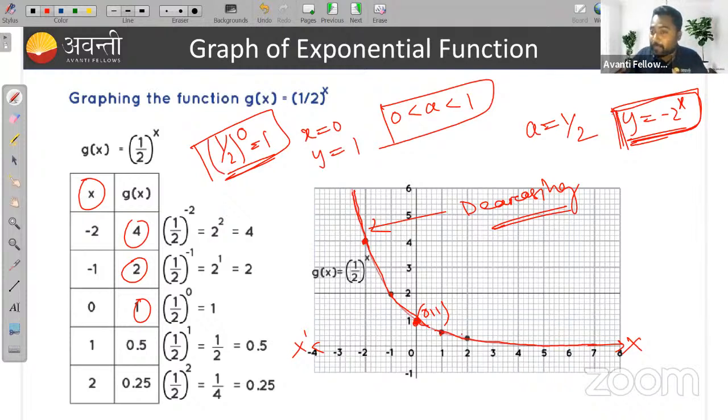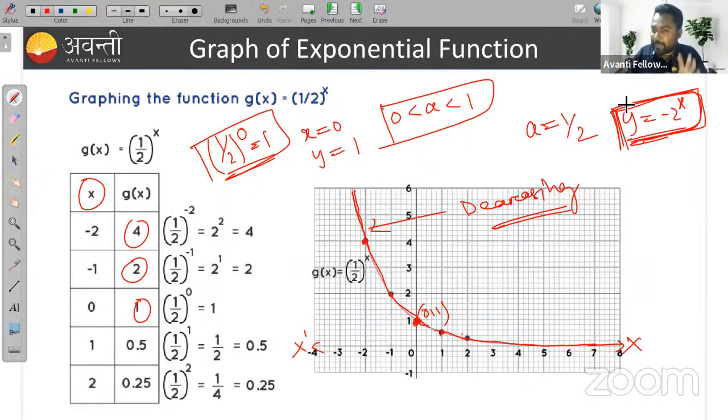But when you take the value of a as minus 2, the graph will not follow any pattern, and it will be zigzag type. So that's why mathematicians are not including these negative values of a in the exponential function concept.